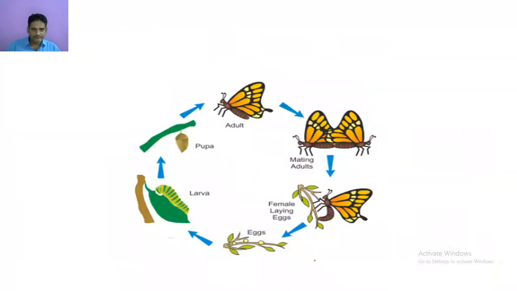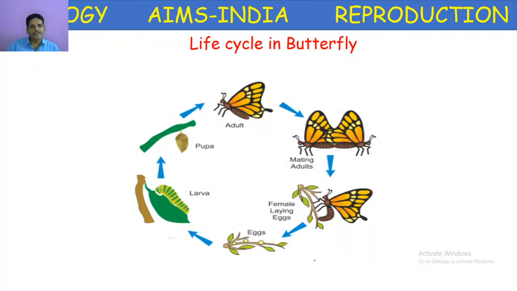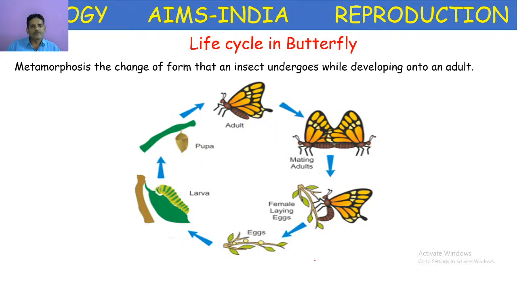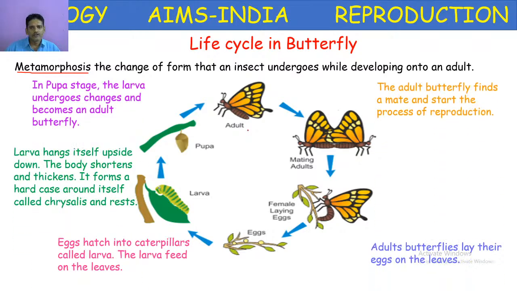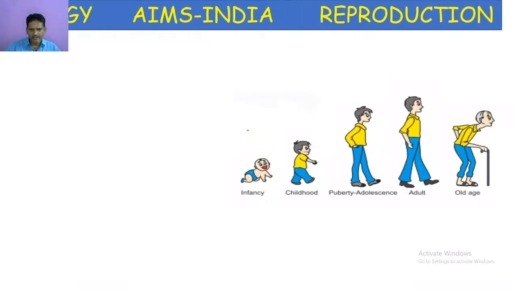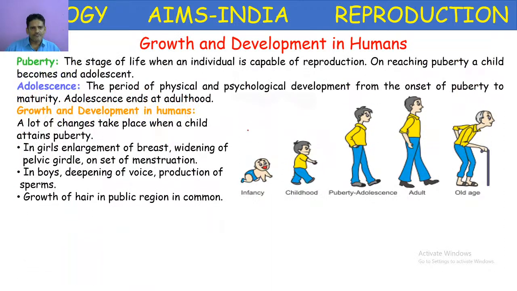Let us proceed. Next, reproduction in insects. For example, butterfly. In butterflies, a phenomenon called metamorphosis takes place. Life cycle, right from egg to adult. Let us see in detail the steps.